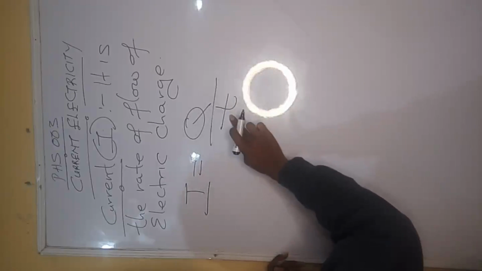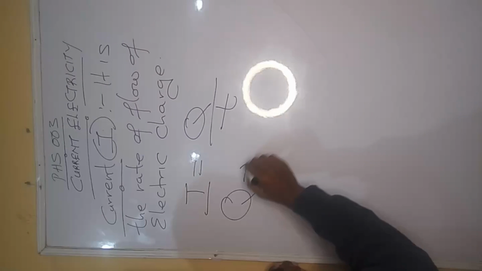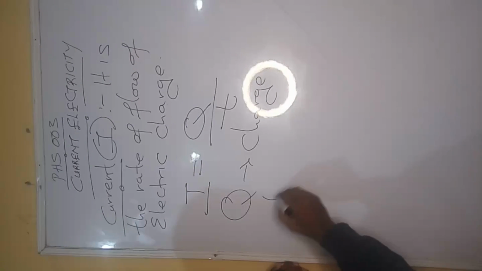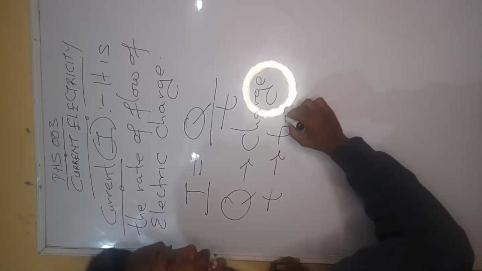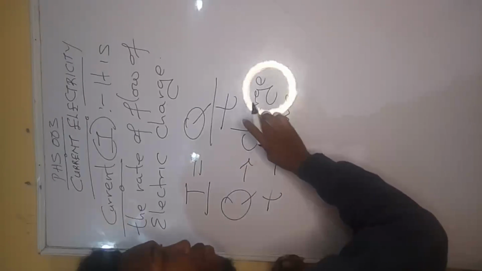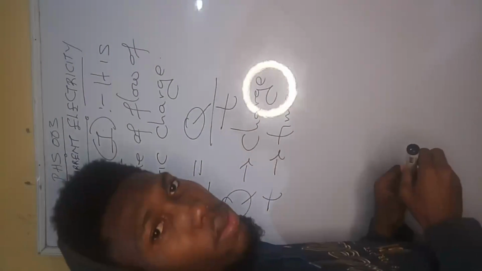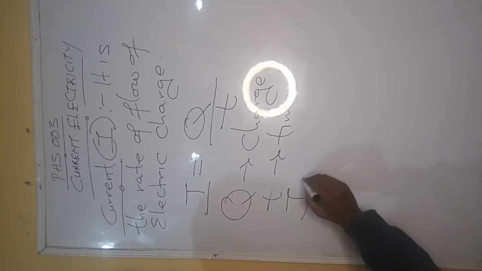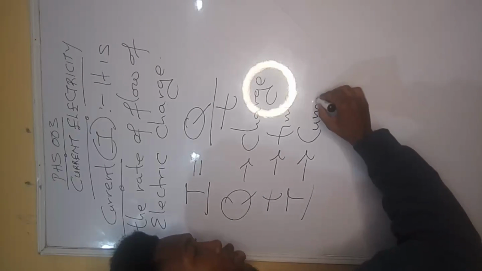I equals Q over T, where Q is your charge. These are your basic knowledge, you know. T is given as your time. And if I may ask, your charge is measured in what? Quickly tell me. I is current, and our current is measured in what?